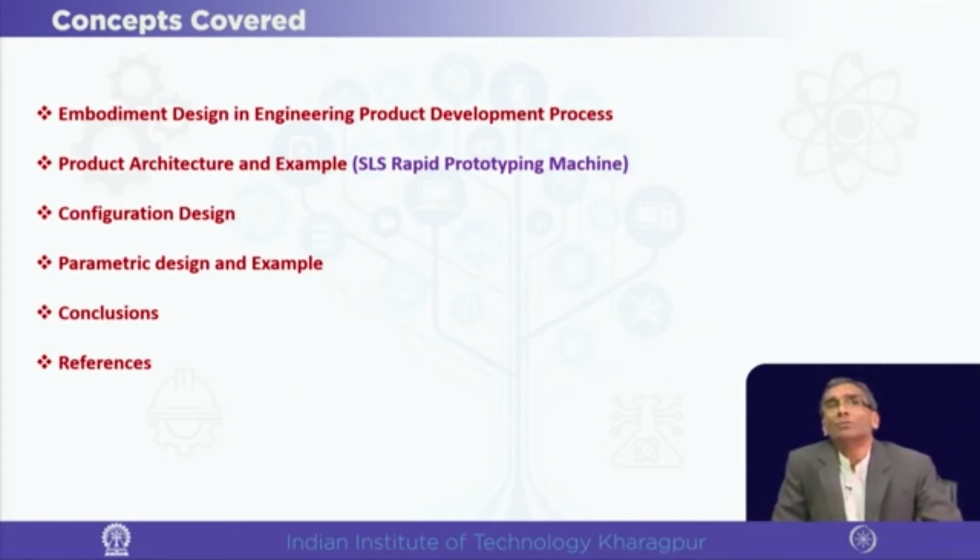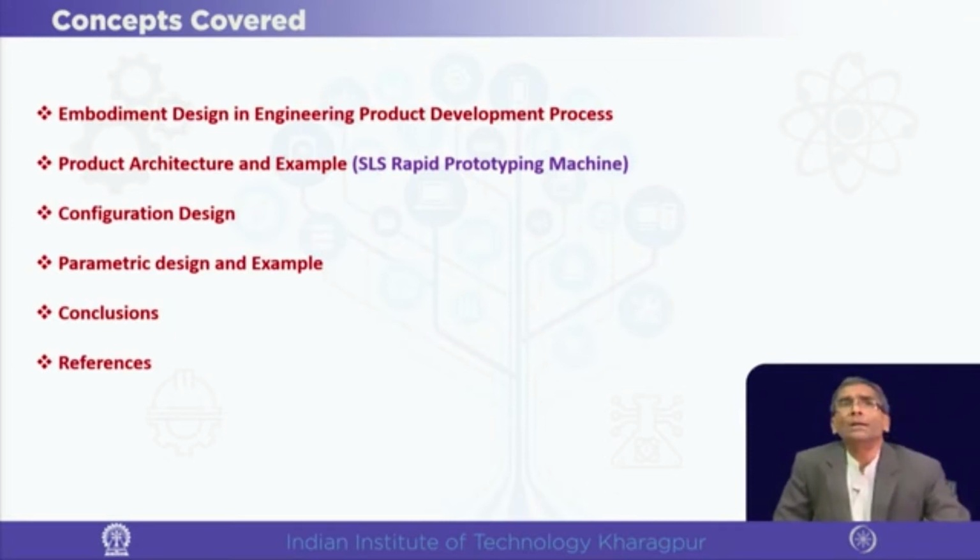Then configuration design, that is, what the size, shape, etc. will be. And finally, parametric design, most importantly, where the dimensioning and tolerances etc. are finalized, and that also will come with an example.